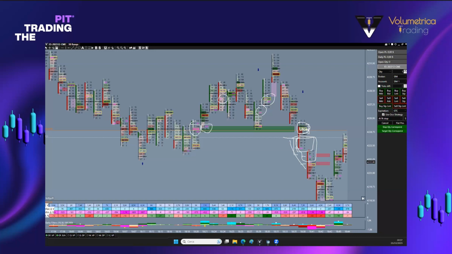But what happens when there is not that much liquidity and traders are initiating on one side? Well, the initiation of trading on one side without counter liquidity means that those traders are actually seeking liquidity.